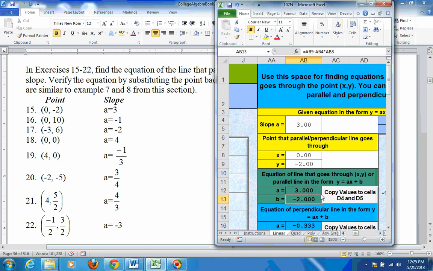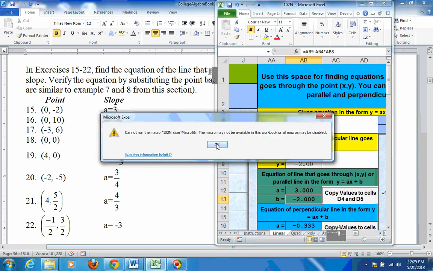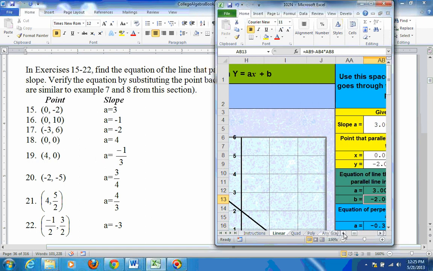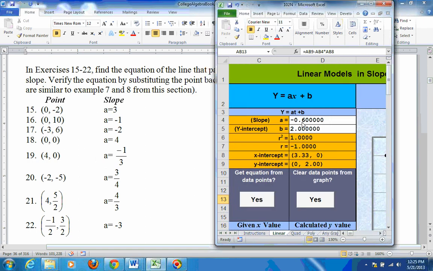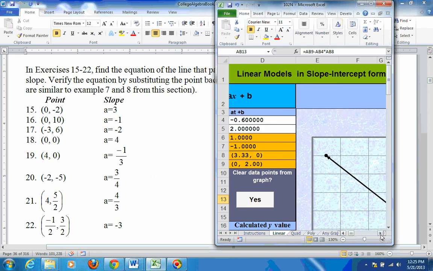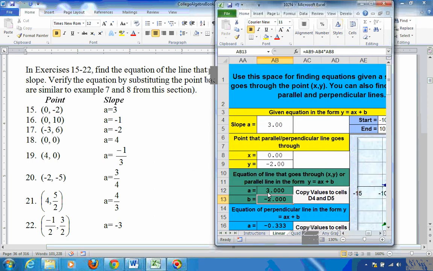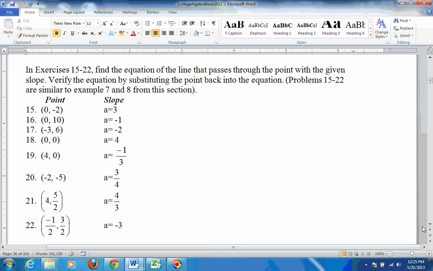And then if you needed to do anything with that, you can click this button, which will put those values. You can always type them in if it doesn't work, and you can get anything you want from that equation. But this just wanted the equation, and it's y equals 3x minus 2. And that's the way all these would work in this area.